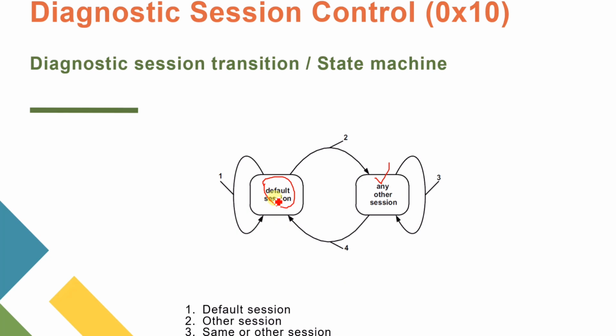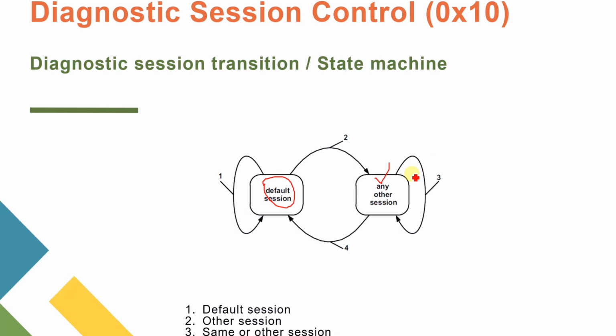From non-default to default, whatever we enabled before, like security enabled, unlocked, and some functionality enabled, that will be restored, and security will be locked. The server shall reinitialize the diagnostic session.